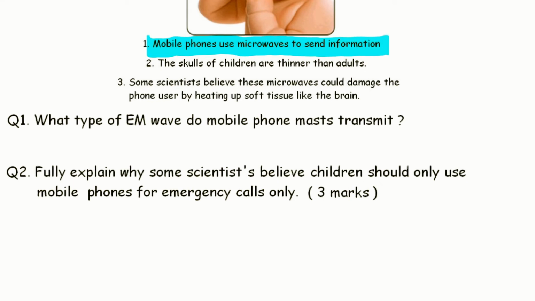Fully explain why some scientists believe children should only use mobile phones for emergency calls only. Well, the skulls of children are thinner than adults, therefore more microwaves could get inside the child's brain. There's no scientific evidence suggesting that children's brains have been adversely affected by mobile phones, or adults in that case.